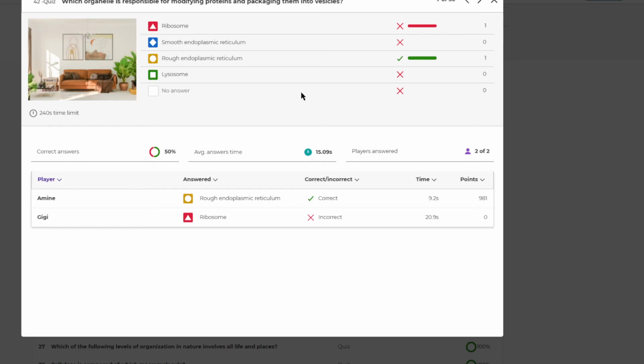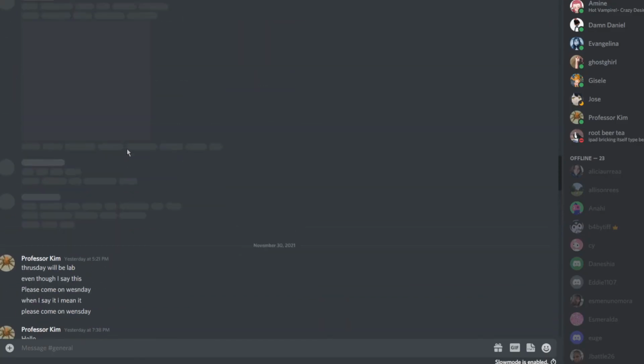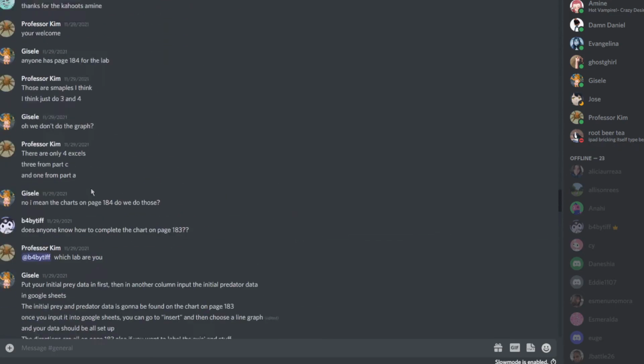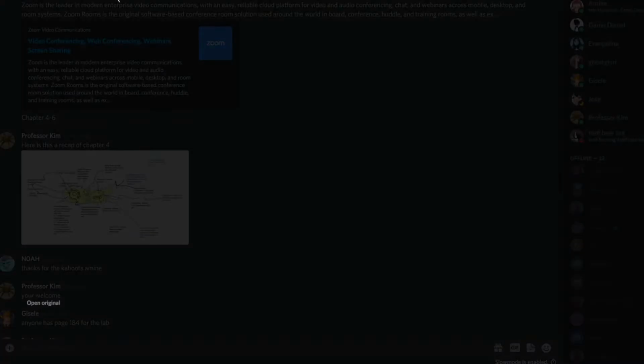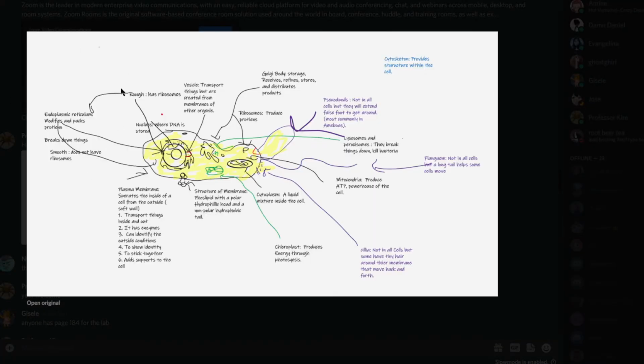Which organelle is responsible for modifying proteins and packing them into vesicles? So this one, I would recommend looking at this. It's a little hard to see. I will show you the slides because we have the endoplasmic reticulum. It modifies and packs proteins.